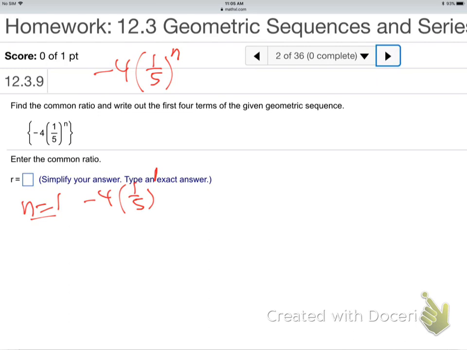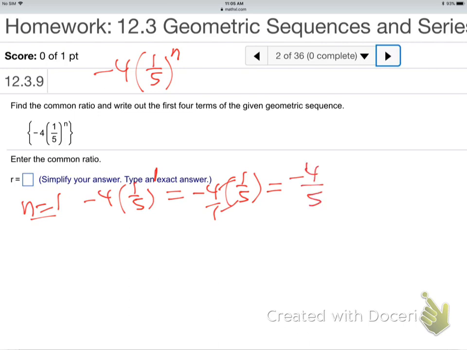Now, what do you do? That's just -4 times 1/5. What do you do when a whole number is interacting with a fraction? Make it look like a fraction. Put it over 1 and multiply top times top and bottom times bottom: -4/5.